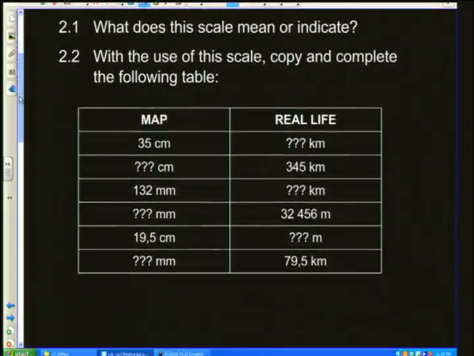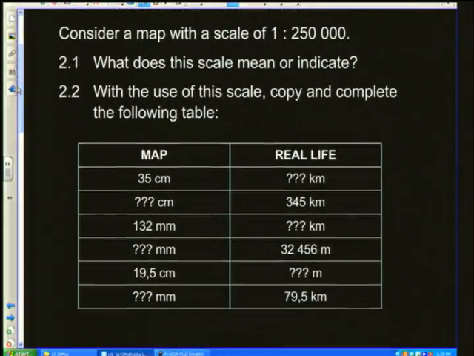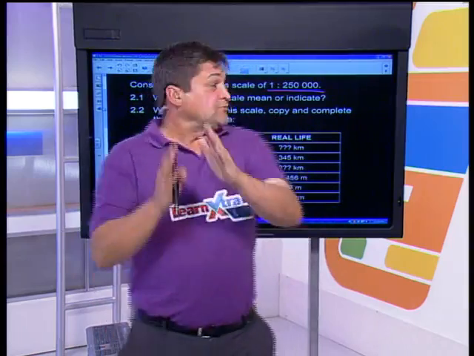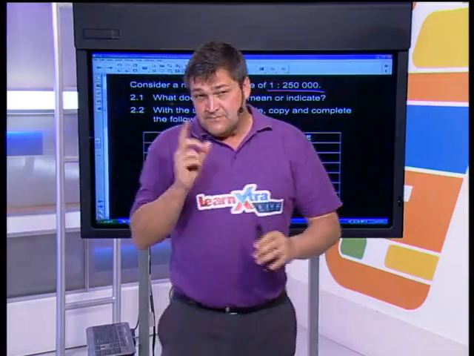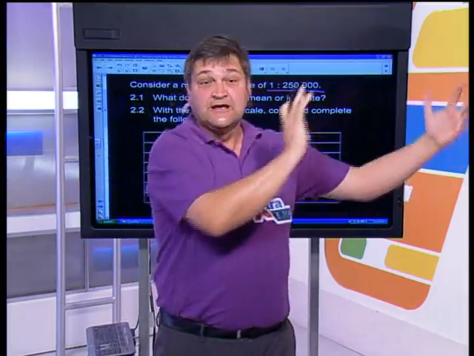Now we start with the real nitty-gritty stuff. Consider a map with a scale of 1 is to 250,000. What does this scale mean, or what does it indicate? We spoke about this before the ad break: when I've got figures of 1 is to 250,000, it means 1 unit on my map represents 250,000 units in real life.